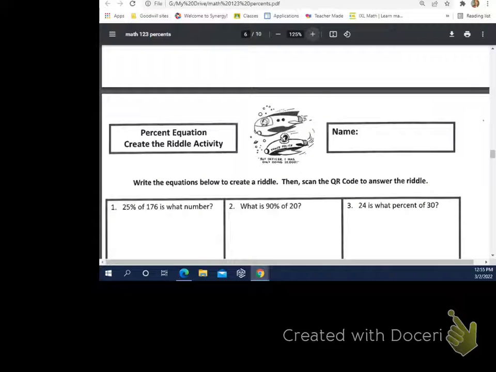And I'm going to write up here at the top my name. But I'm going to write, so this is like on your colored sheet, right? Like on your colored sheet. So our percent times the whole, or the base, I'm going to call it base, is equal to our part.